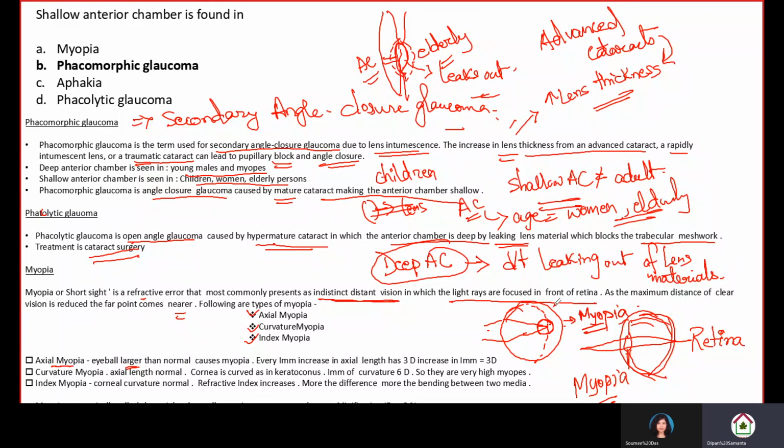With every 1 millimeter increase in the diameter of the eyeball, there will be an increase of 3 diopters.